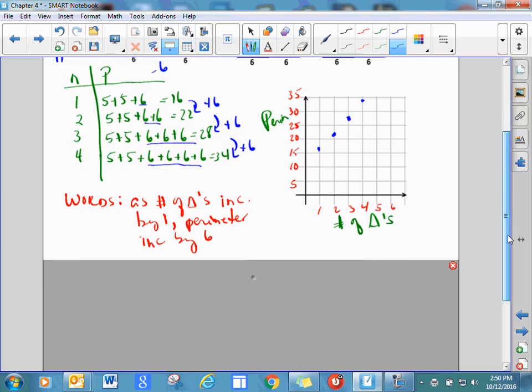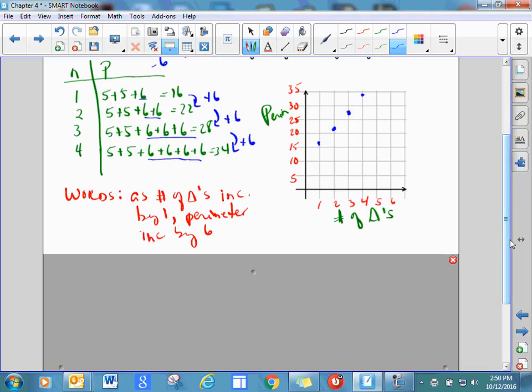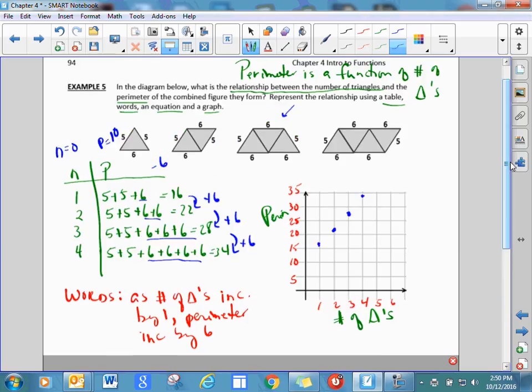Now we need to write the equation. So on our examples before, I always told you that I started where n or the x was equal to 0. So if we back it up and we actually filled in n equals 0, from our pattern going up by 6, it would make sense that if n were 0, we would go down by 6, and we would just end up with 5 plus 5, which is 10.